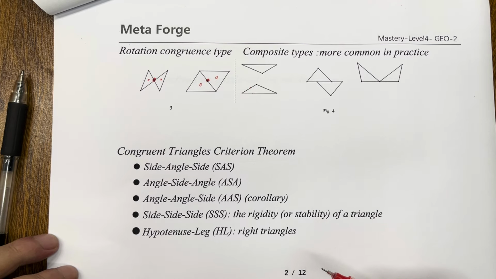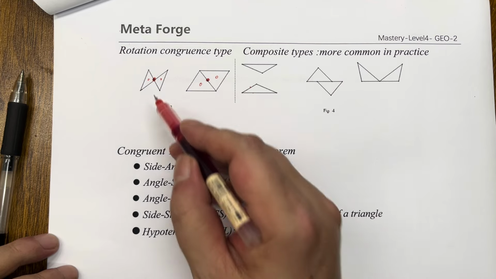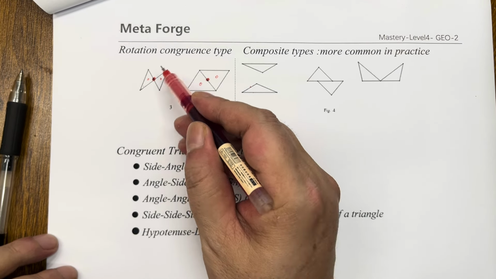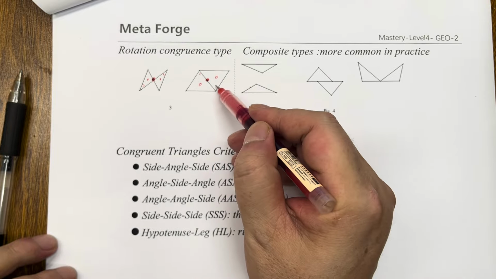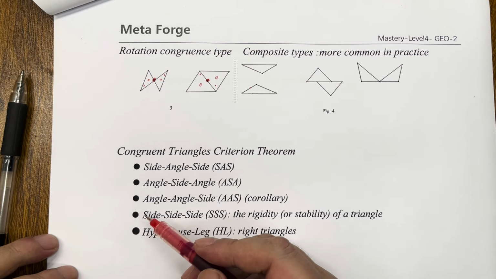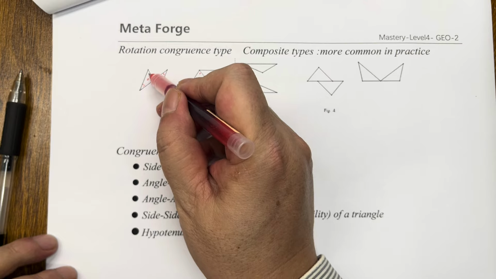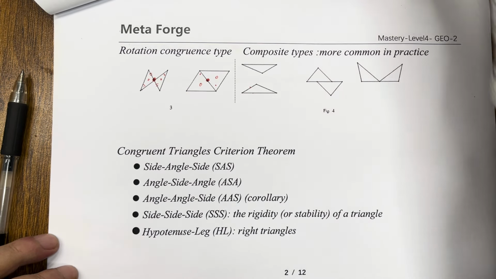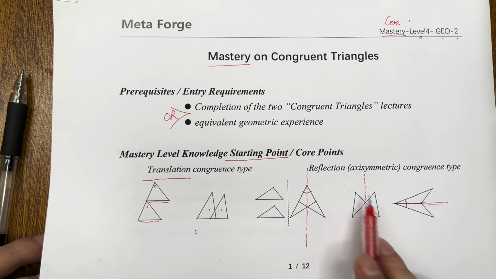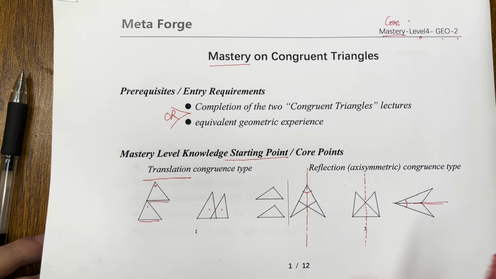But the corresponding angle here to here, here to here, corresponding line here to here has a little difference with the axis symmetry.